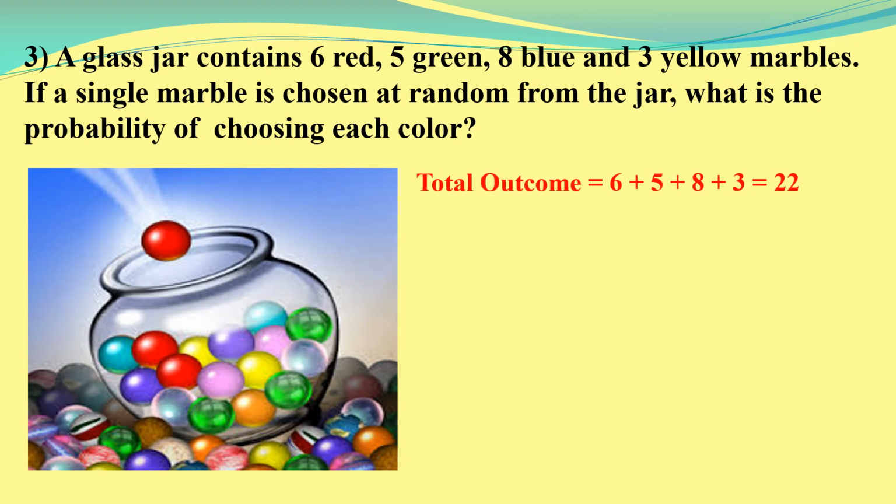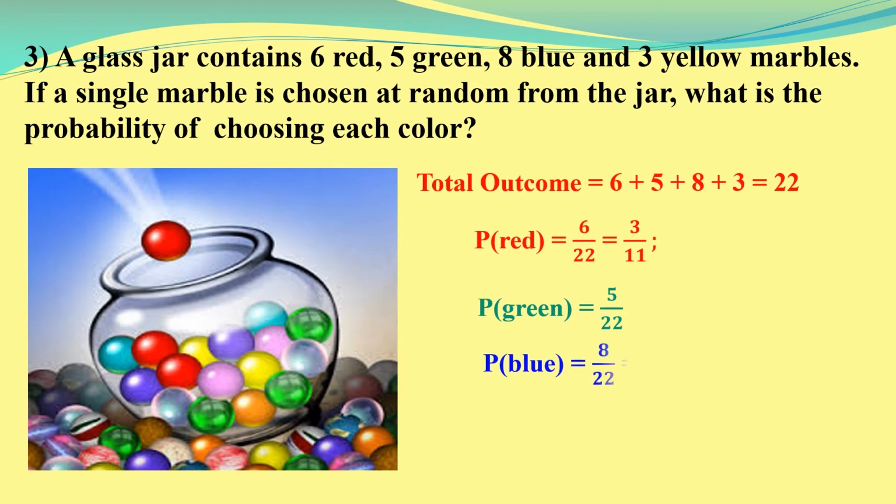So the probability of getting a red is 6/22 or 3/11. Green is 5/22. Blue is 8/22 or 4/11. And yellow is 3/22.